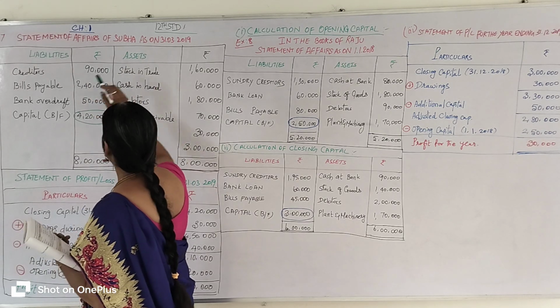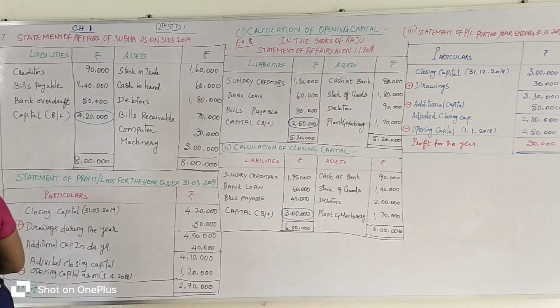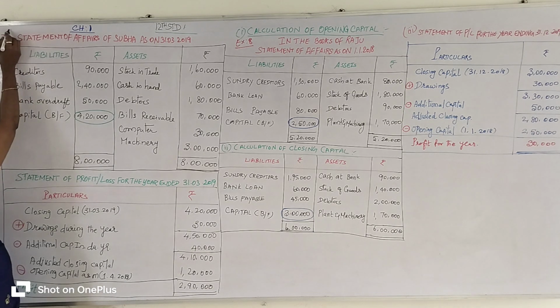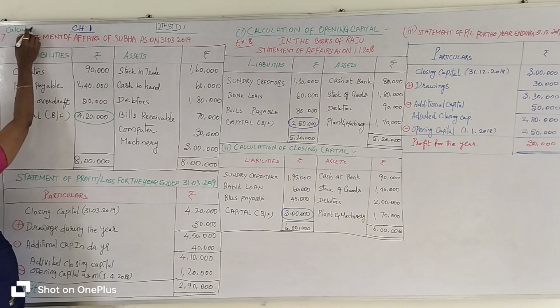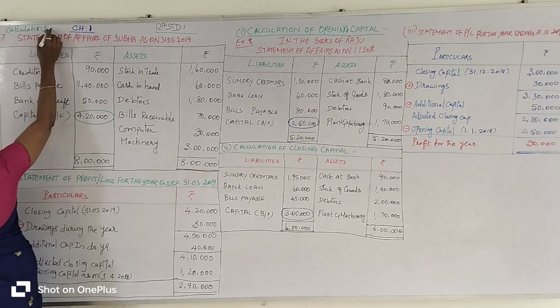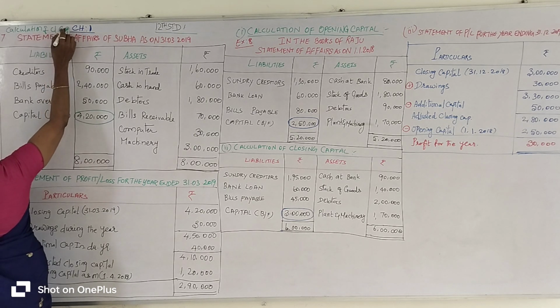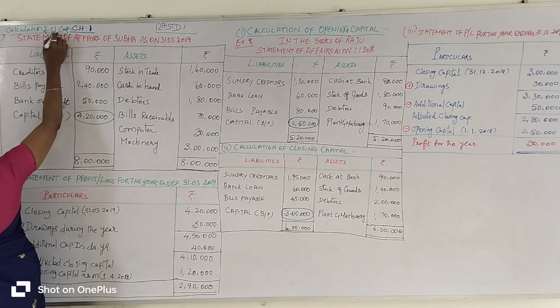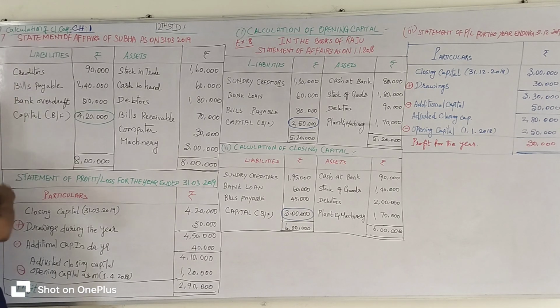So what do we have to do? First we are going to write the calculation of closing capital. This is the first calculation.